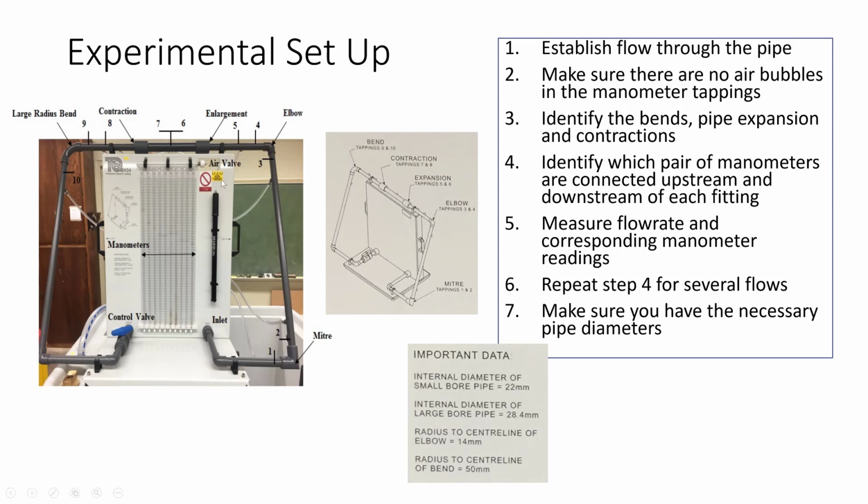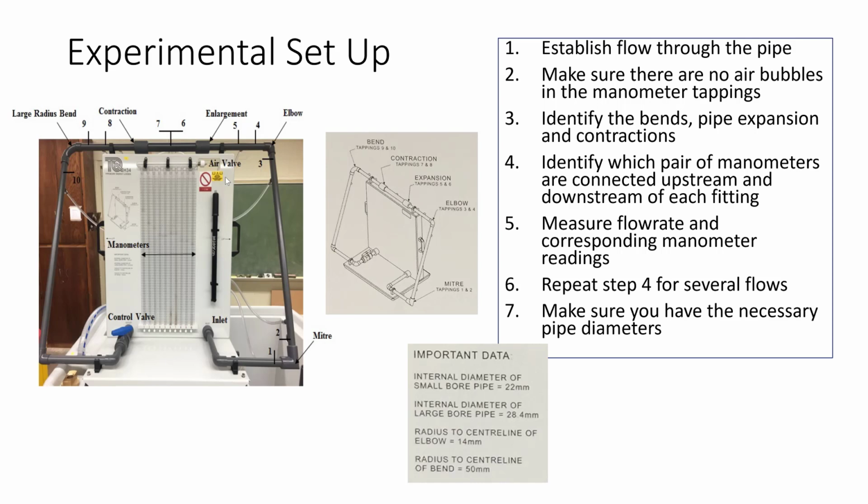So we use a pair of manometers to get our head loss, and then from that head loss we calculate the loss coefficient. So we need to measure the flow rate and the corresponding manometer readings. We do this for several different flows, and then also make sure that you have the necessary pipe diameters. The internal diameter of the small bore pipe is 22 millimeters.